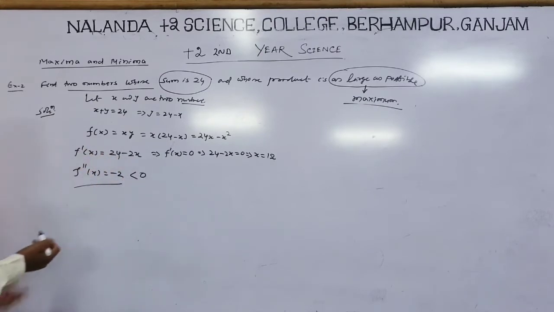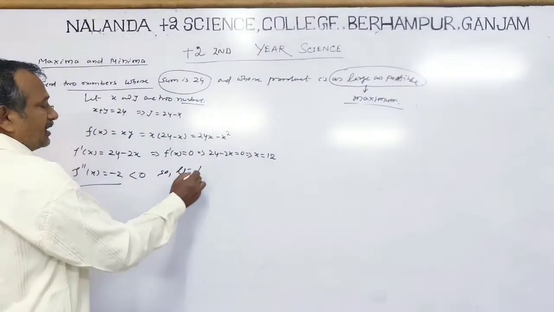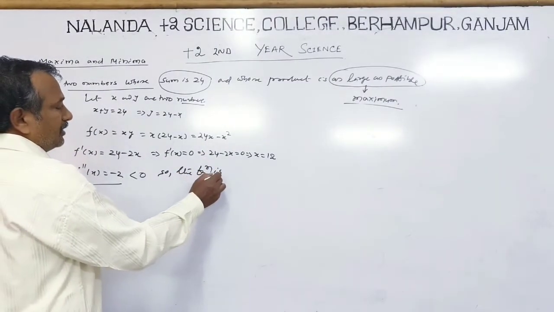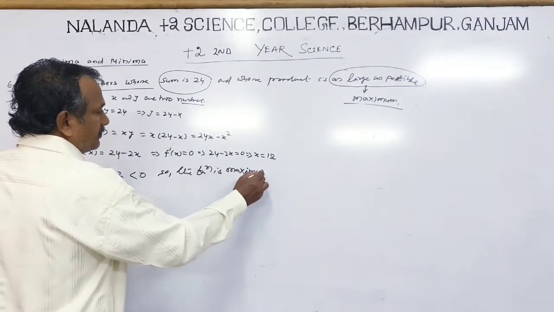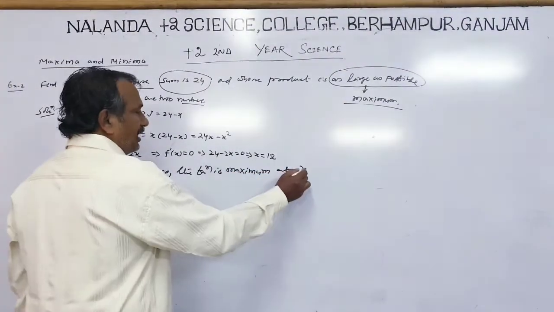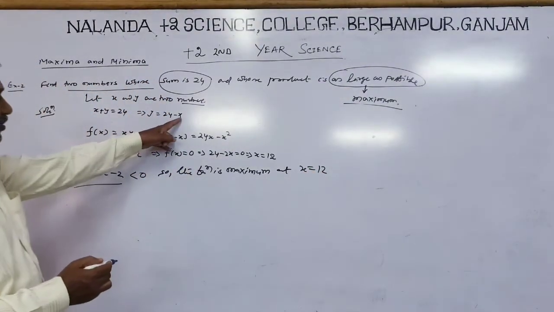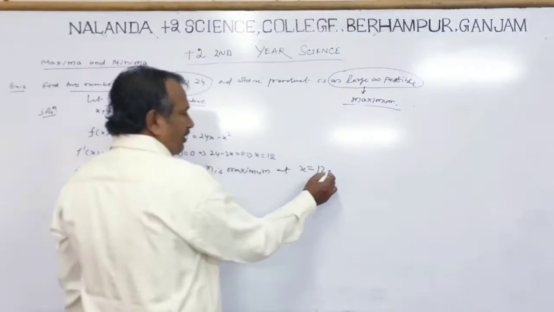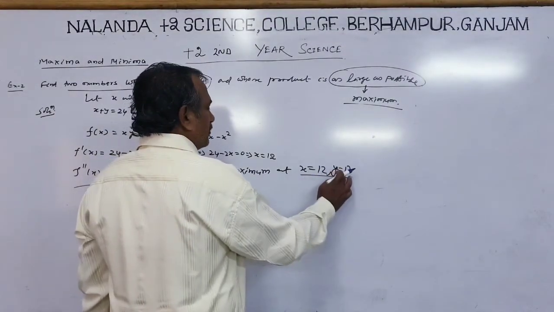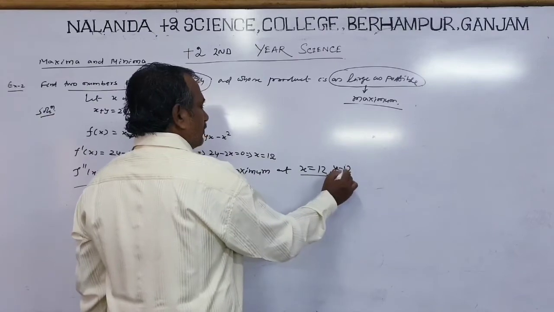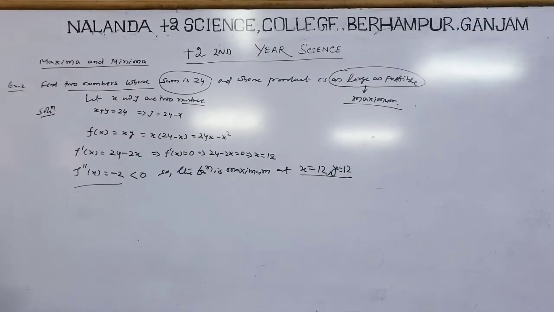So f double dash x is negative, so the function is maximum at x equal to 12. When x equal to 12, what is y? So y is also equal to 12. x equal to 12 and y equal to 12. Now we have found the two numbers x and y.